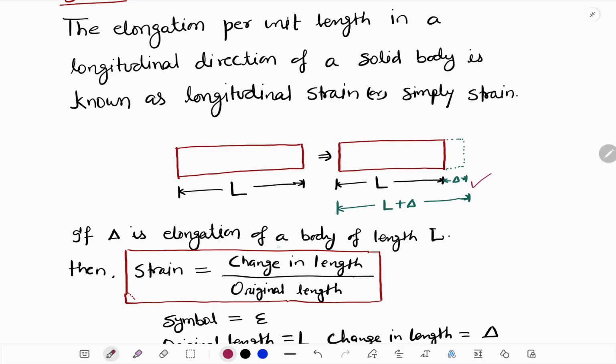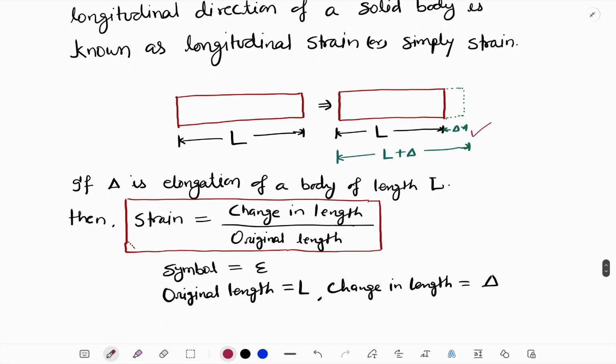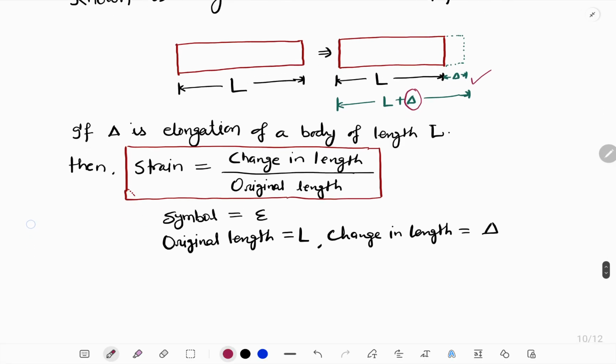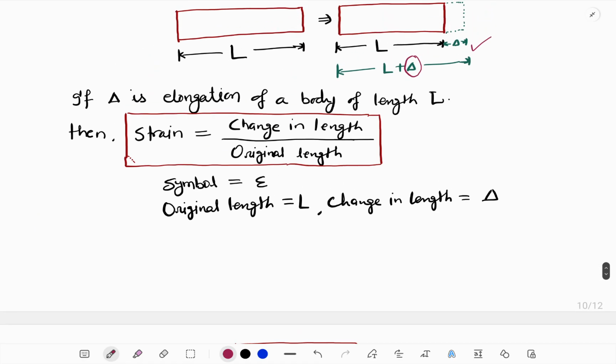If delta is the elongation of a body of length L, what is the strain? We define it as the ratio of change in length to original length. Whatever change happened is delta, so you can write delta divided by L. Epsilon is the symbol of strain.